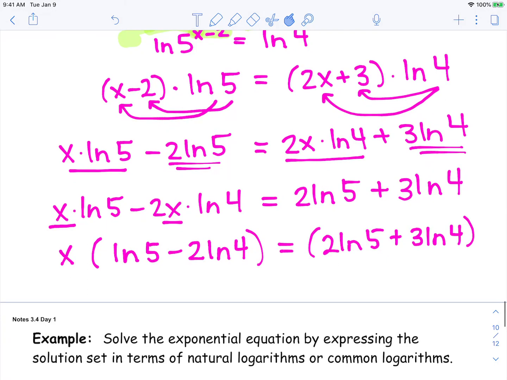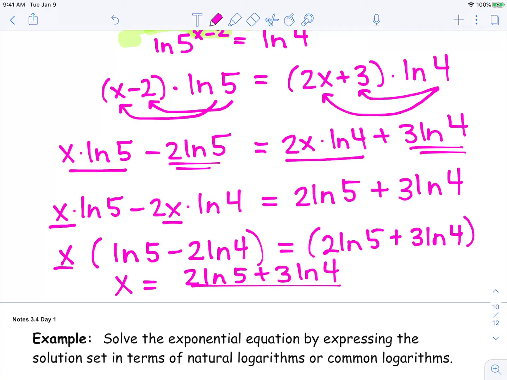What I've done now is I've isolated this x term. So it's going to stay on the left side. And then the right side we're going to divide both sides by this parentheses.